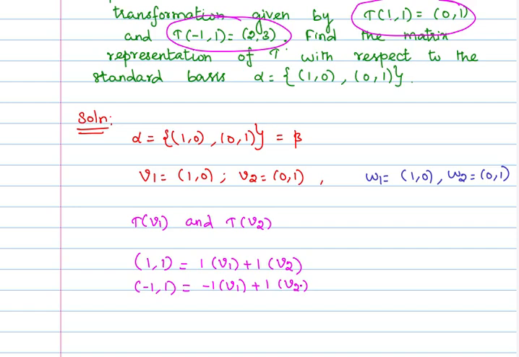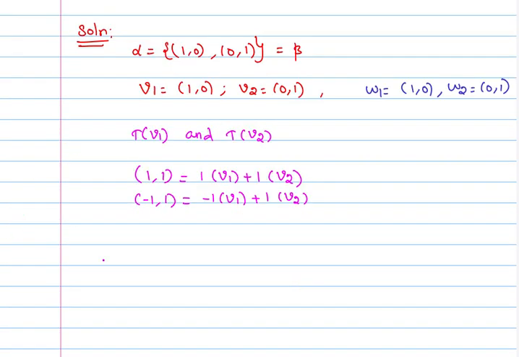Now I apply the linear transformation T: T of (1, 1) equals 1 times T of v1 plus 1 times T of v2, because for a linear transformation I can write it directly.